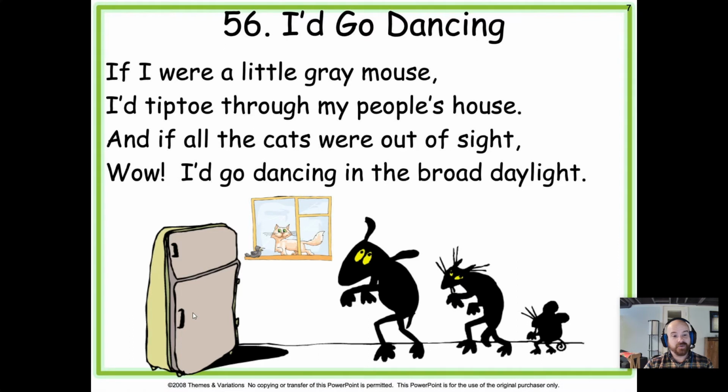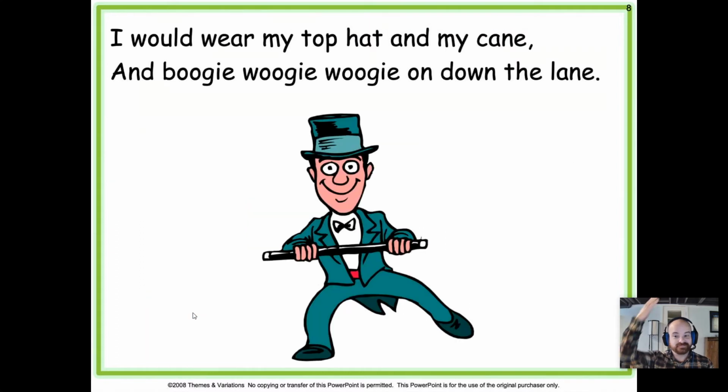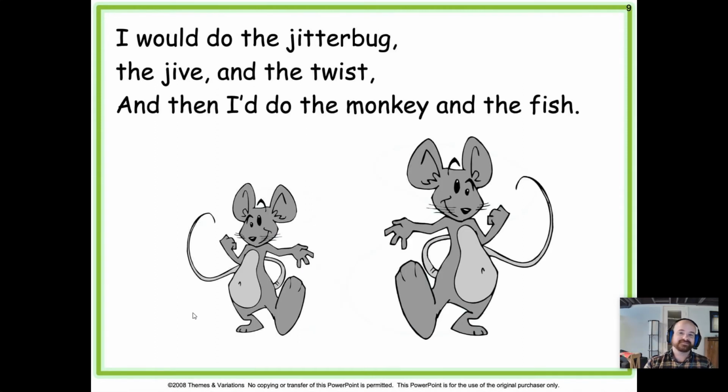If I were a little gray mouse, I'd tiptoe through my people's house. And if all the cats were out of sight, well, I'd go dancing in the broad daylight. I would wear my top hat and my cane and boogie, woogie, woogie on down the lane. I would do the jitterbug, the jive, and the twist. Then I'd do the monkey and the fish.